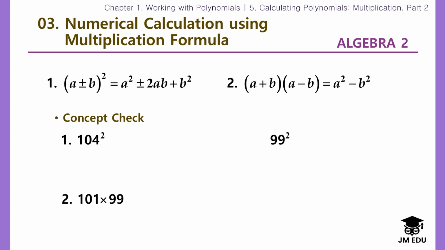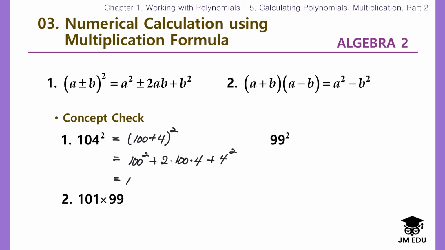Okay, 104 squared, that's actually equal to (100 plus 4) squared, right? Just like binomial square. So that is equal to 100 squared, first term squared, plus 2 times first term times the second term, plus the second term squared, right?